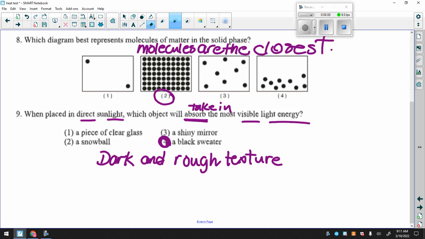Dark colors take in everything. Rough textures also absorb. So the black sweater is the correct answer because it's dark and has a rough texture. Glass is smooth. Smooth things reflect. You can write both of these down. This is your why. Smooth things reflect.